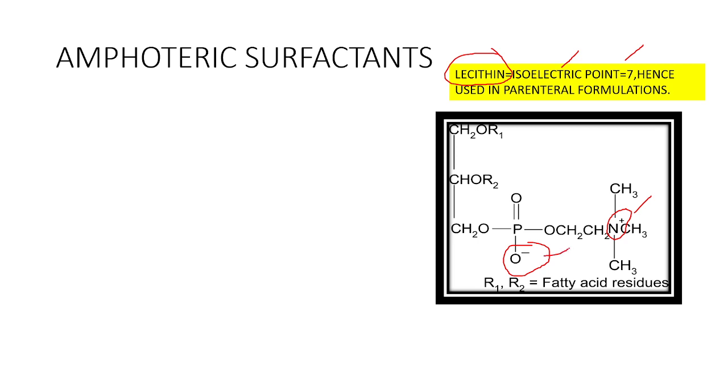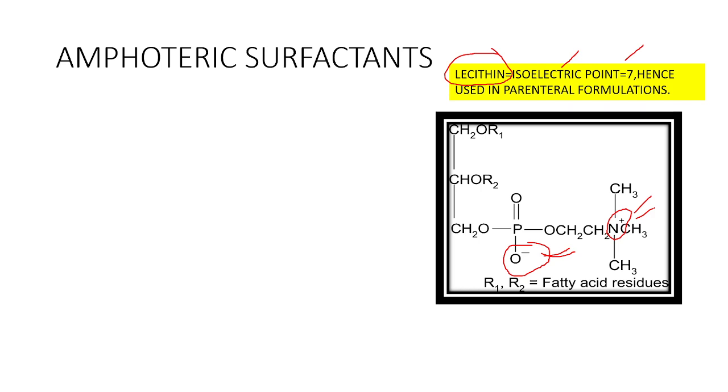This lecithin shows both positive and negative charge at pH 7 only. At a pH above 7, it shows predominantly negative charge. Below 7, it shows predominantly positive charge. That is the isoelectric point.